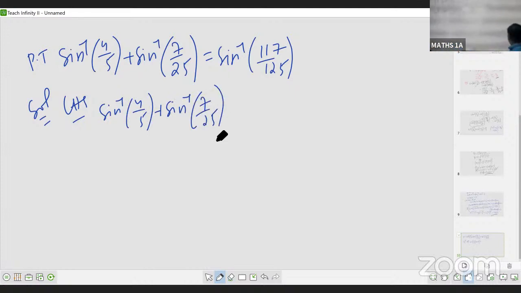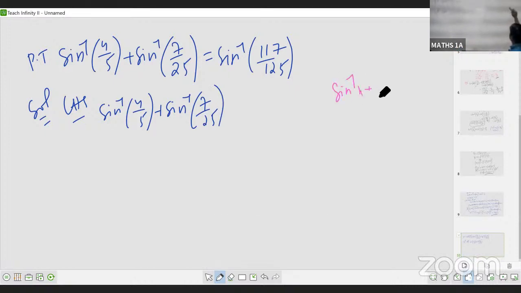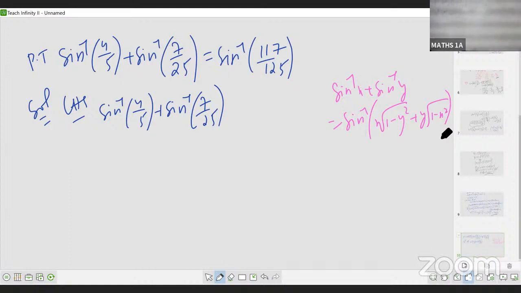Now what is sin inverse x plus sin inverse y in terms of sin inverse? It is sin inverse of x into under root of 1 minus y square plus y into under root of 1 minus x square.